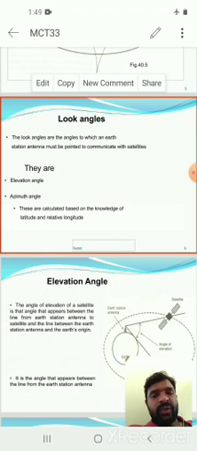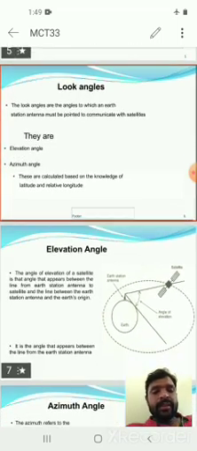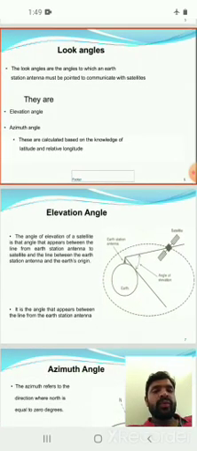These look angles are of two types: elevation angle and azimuth angle.